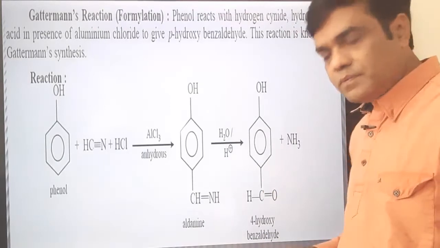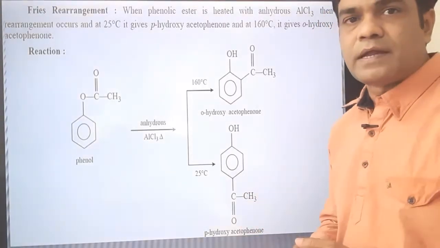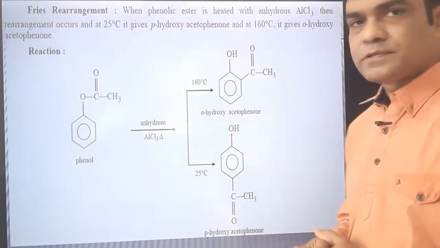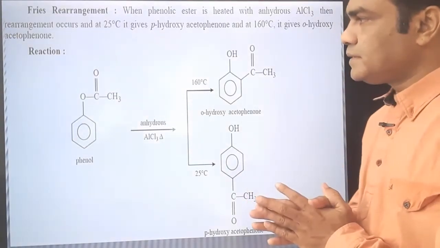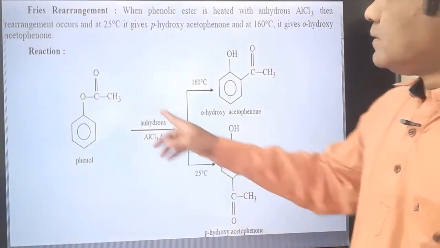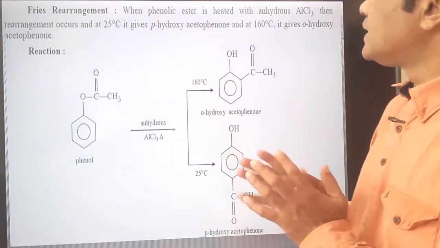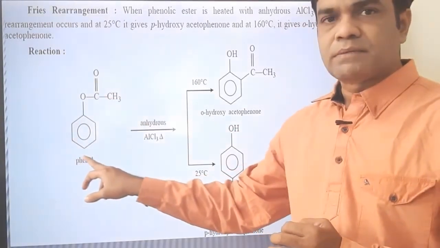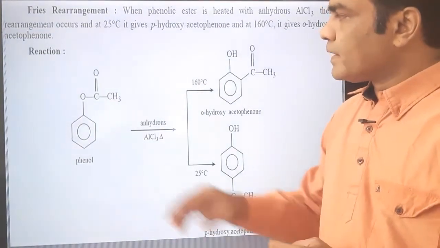Now let's move to the next reaction, that is the Fries rearrangement. In detail we have to study the Fries rearrangement. First let us see the reaction. This is a phenolic ester. By mistake here phenol is written, it is a phenolic ester.